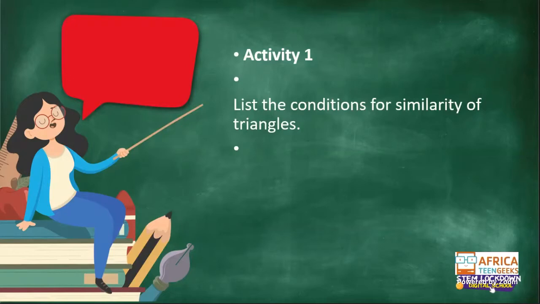What are the conditions for similarity in any triangles? Remember, there's a difference between congruency and similarity. There are congruent triangles, and there are also similar triangles. So now I'm talking about similarity. What are the conditions? Tino?